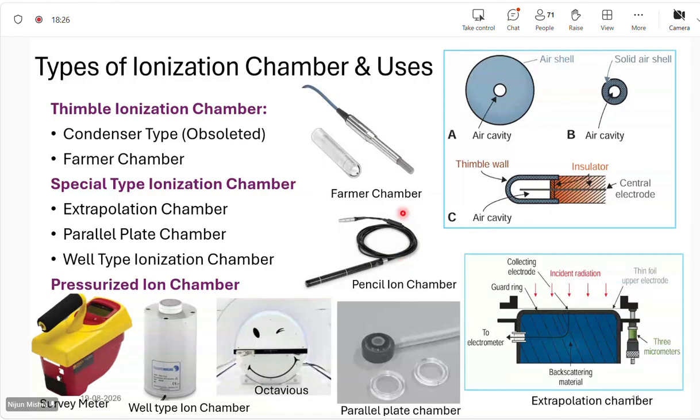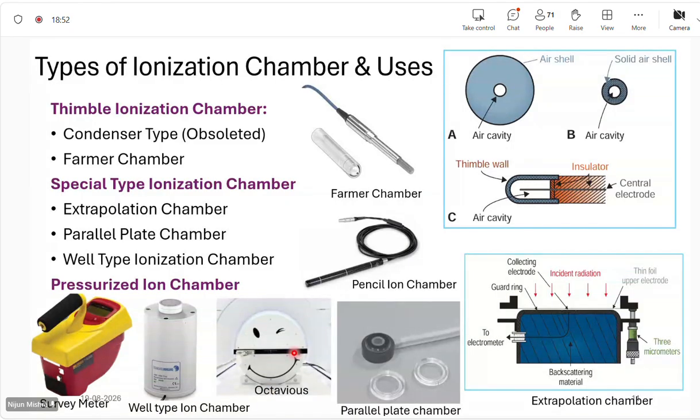This one is a well type ionization chamber that we use in brachytherapy dosimetry and also in nuclear medicine for activity measurement of radioisotopes. This is an Octavius Phantom by PTW. Here also we use parallel plate ionization chambers to measure patient specific QA.